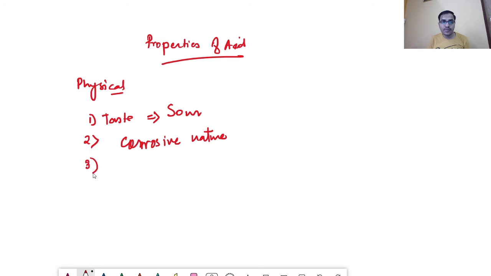Thirdly, indicator. Indicators are solutions or a way to detect whether you have an acid or some other compound in your solution. I'm taking an example of an indicator, that is litmus paper.